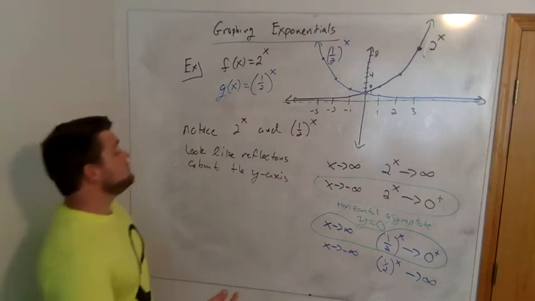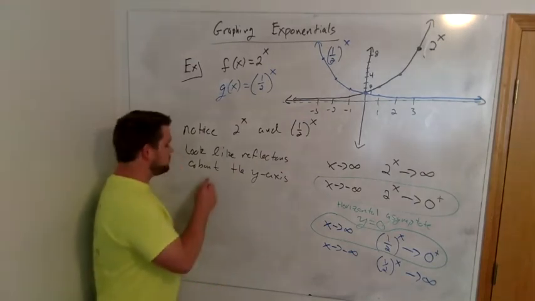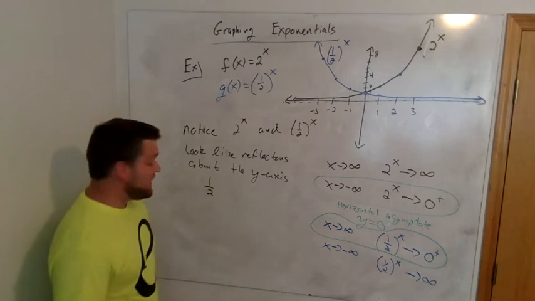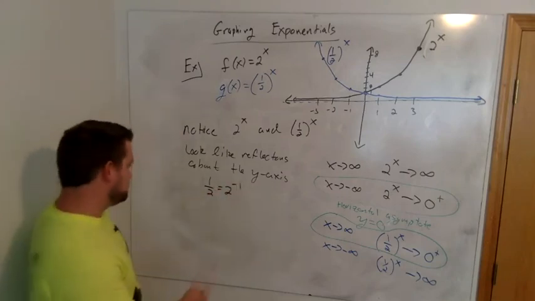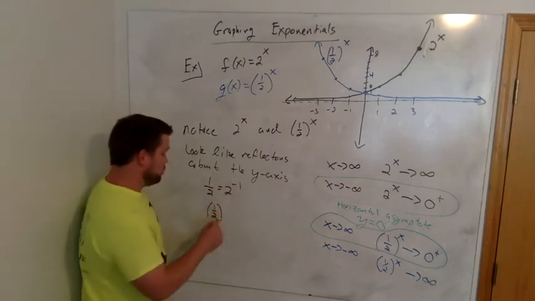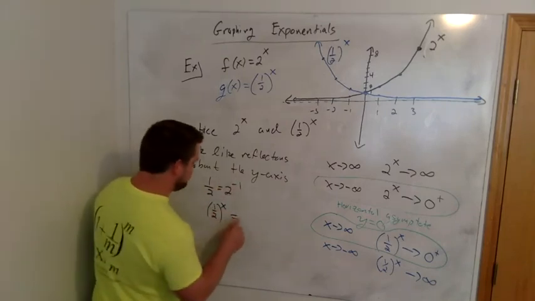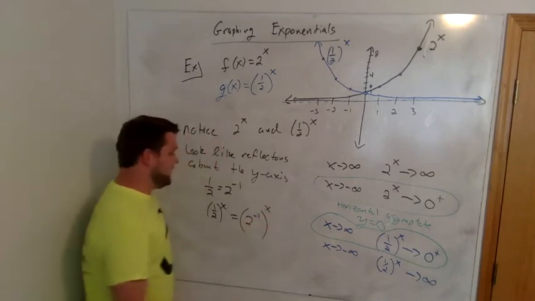Okay, this is actually not too much of a surprise, because notice you can write 1/2 as 2 to the negative first power. So when I'm thinking about 1/2 to the x, this is equivalent to 2 to the negative 1 to the power of x.